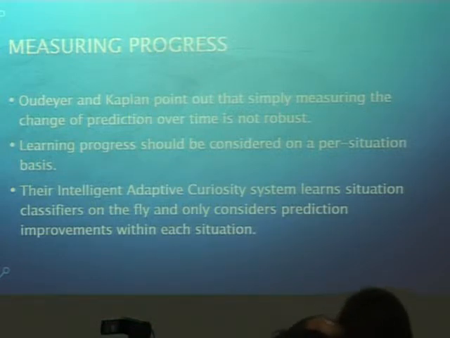And it's called the intelligent adaptive curiosity system. And the classifiers for the situations are adapted on the fly, so that when a lot of situations get the same classification, it splits it up and considers two different situations.